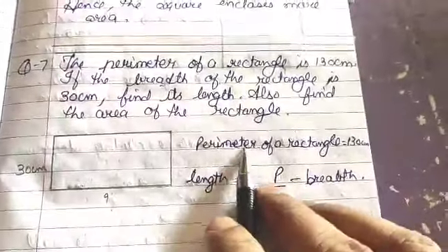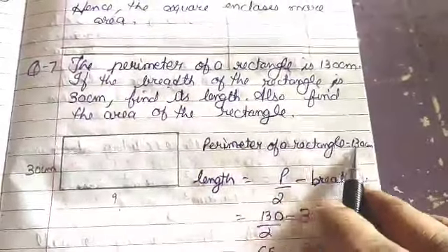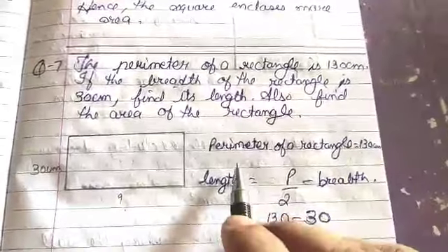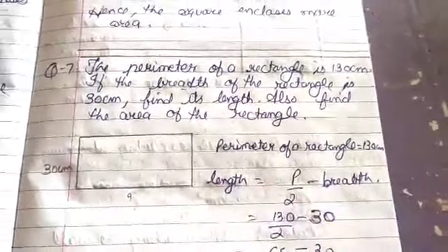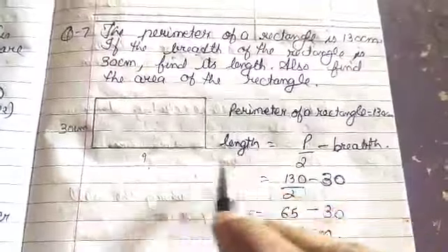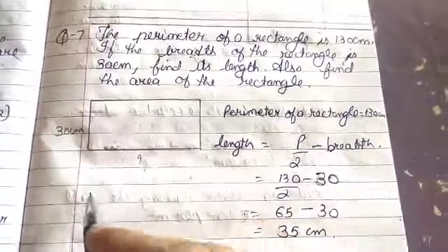So apply the perimeter of a rectangle, which is given as 130. The perimeter of a rectangle is 2 times L plus B, or you can apply the direct formula. See here how this formula is created.